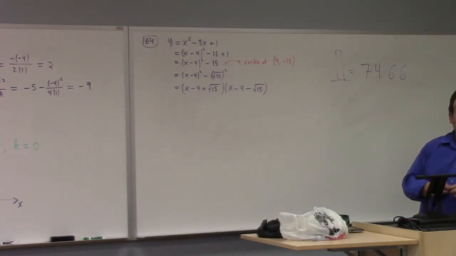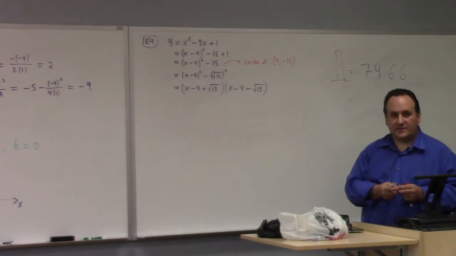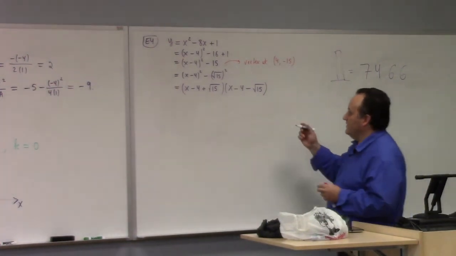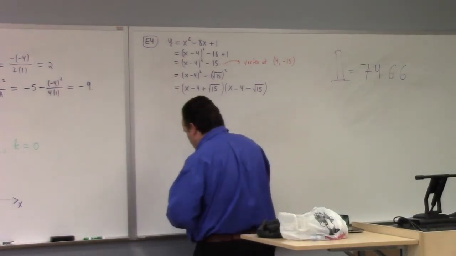Why do we want to factor? We want to factor the parabola because that helps us see where the x-intercepts are, right? X-intercepts are interesting for graphing, right? That's where the graph is 0. So this tells me x-intercepts where?